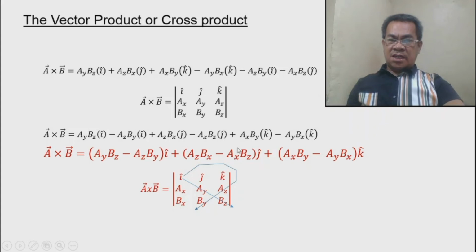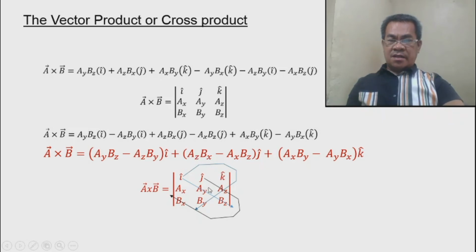Then the second term of your answer will be what? This is J. You can hold this point, then take the drop diagonal, rotating. Then we have AZ BX.